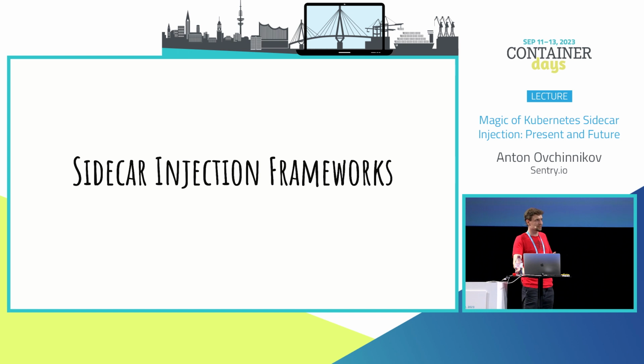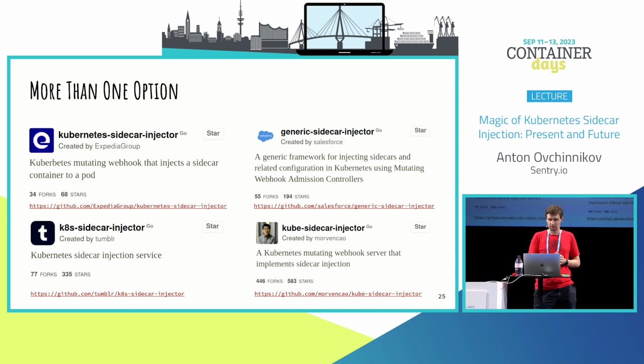This is where the generic frameworks for sidecar injection jump in. And if you search on GitHub, you actually find a few of those. I think top 4 should be here. They have their small differences in how they are configured and what kind of features they support, plus, minus.